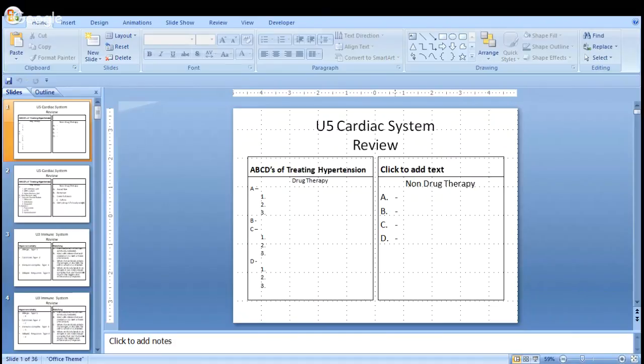Okay, the last ones are the diuretics, right? HCTZ is one of them. HCTZ, Hotel Charlie Tango Zulu. That's what it is.